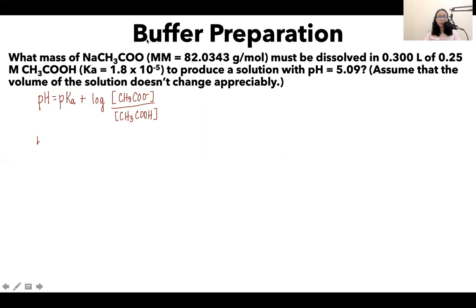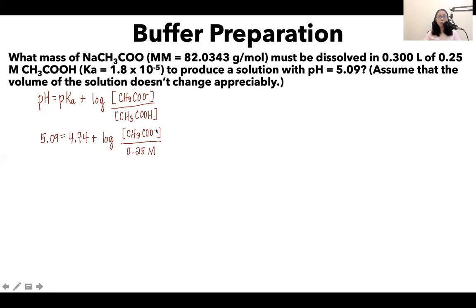And again, we are given the Ka. So we can get the pKa, which is equal to 4.74. And then we have the concentration of our weak acid component, which is 0.25 molar. So again, because we assumed that the volume will not change, the concentration remains the same.